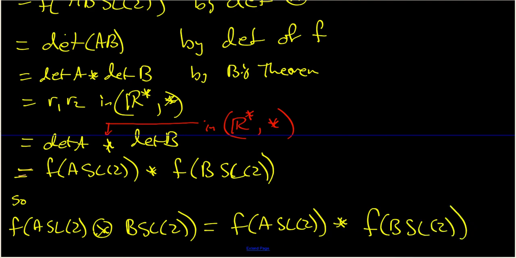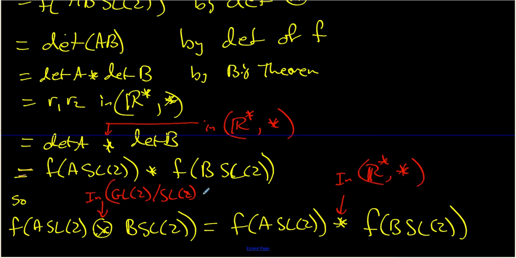And it's worth pointing out that this particular operation is in GL2 mod SL2, and this particular times is in R star under ordinary old multiplication. Technically, I should say this is in that group.